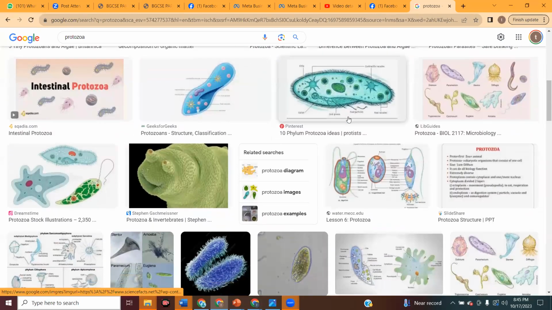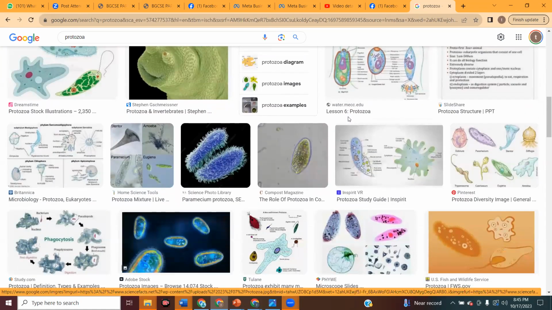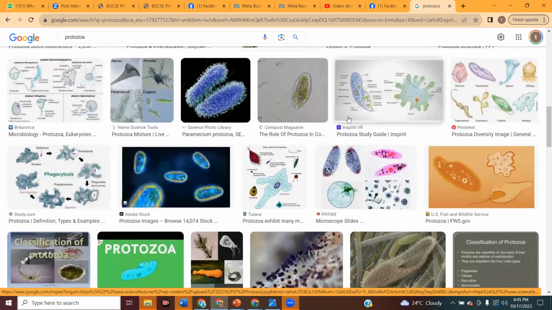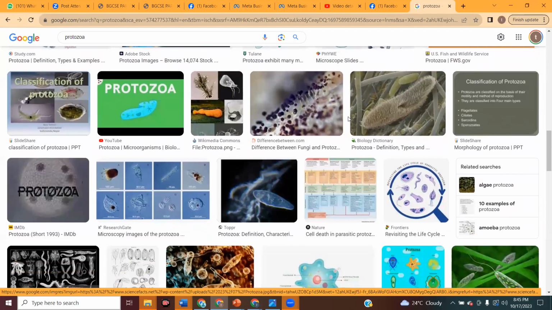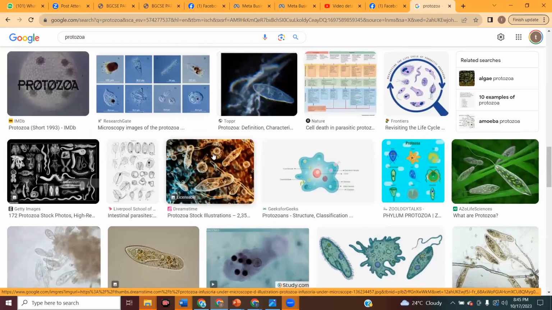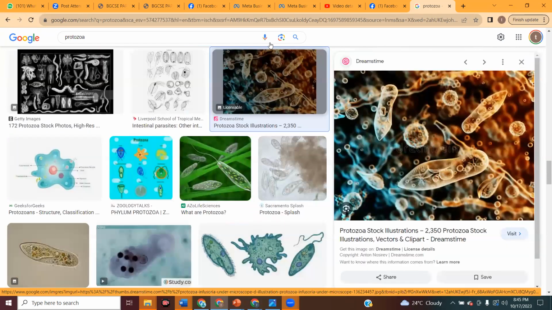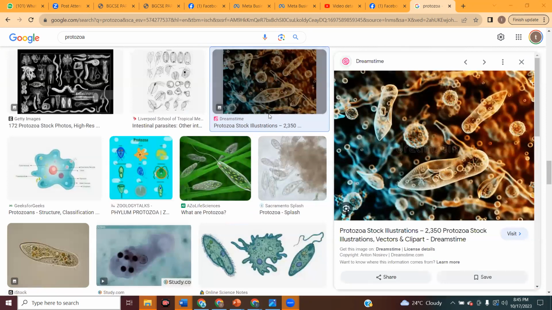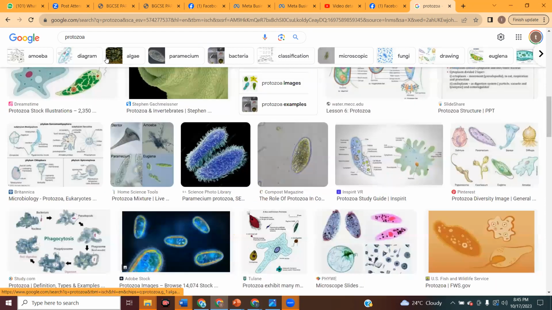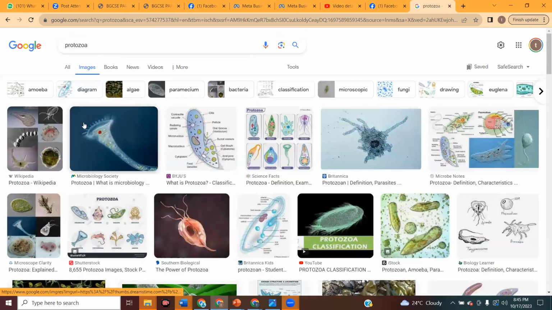They could affect the body in a bad way, but not all of them. So these are what we call single cell organisms. That's the protozoa. Single cell.